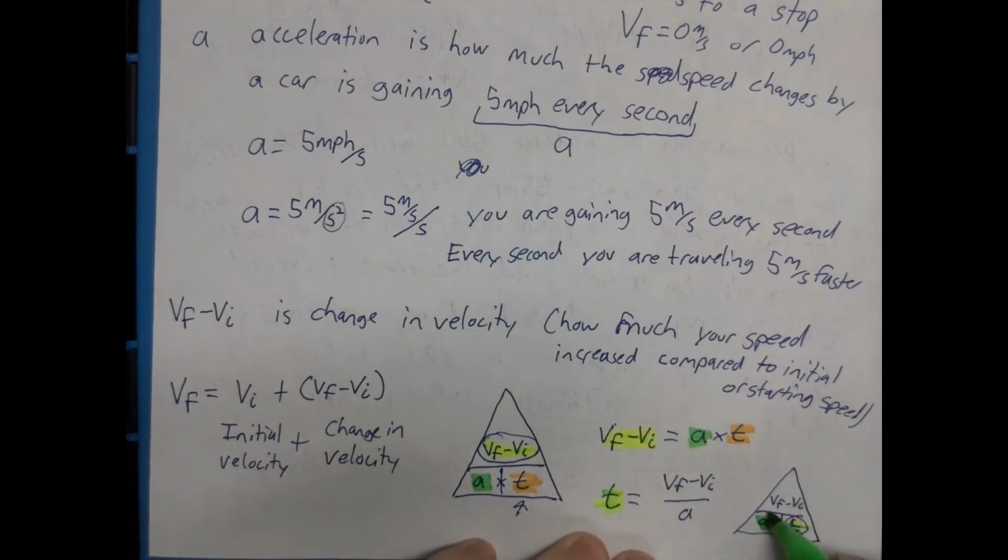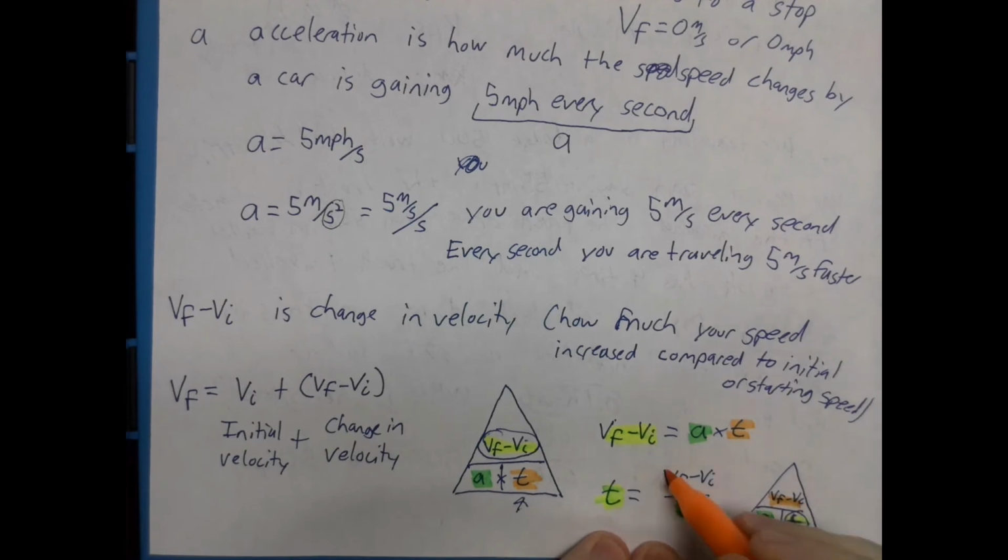Your A is below this, so it'll be on the bottom of the bottom, and this is over that. So it'll be VF minus VI over A.